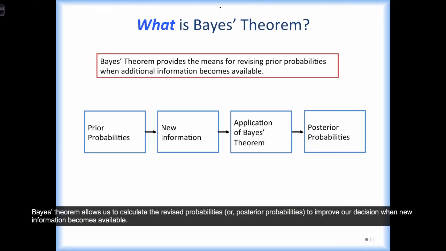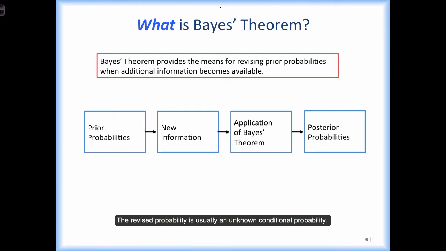Bayes' theorem allows us to calculate the revised probabilities or posterior probabilities to improve our decision when we have new information. The revised probability is usually an unknown conditional probability.